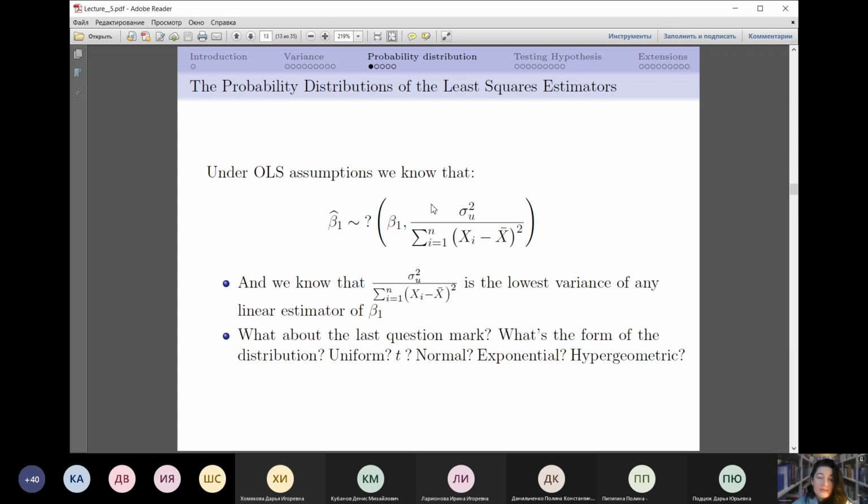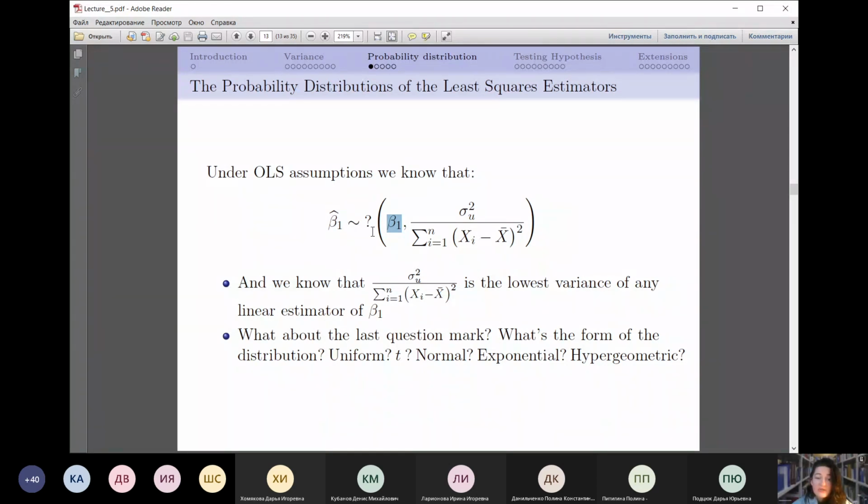Previously, we didn't discuss what type of distribution the least squares estimators have. Now we can obtain the expected value of our estimated parameter. Also, we know how to calculate the variance of this parameter.